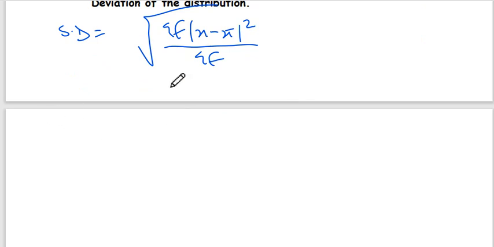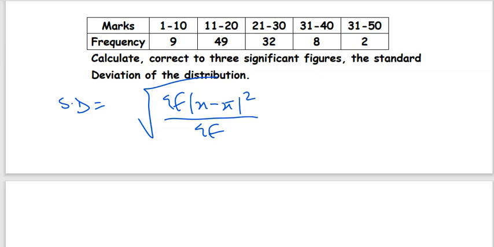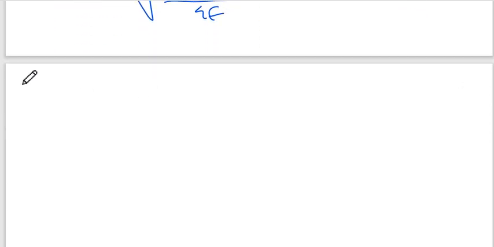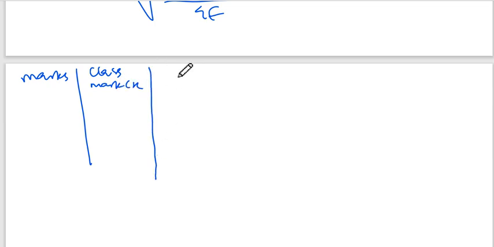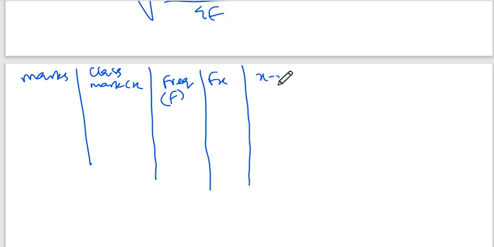So in our table we need marks, we need the class mark or midpoint, we need a frequency f, we need fx, we need x minus x bar, that's our deviation.